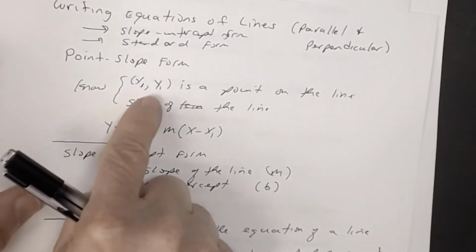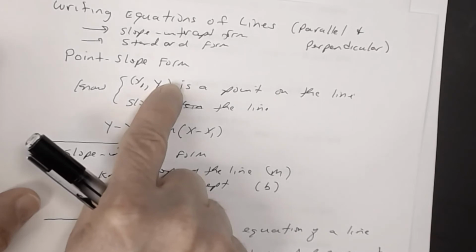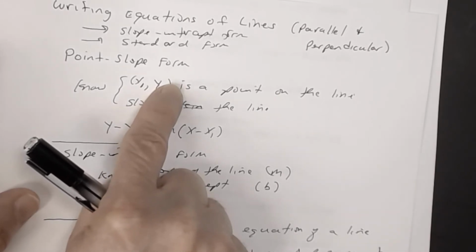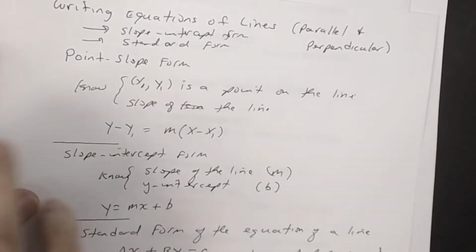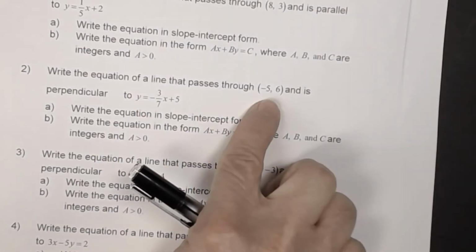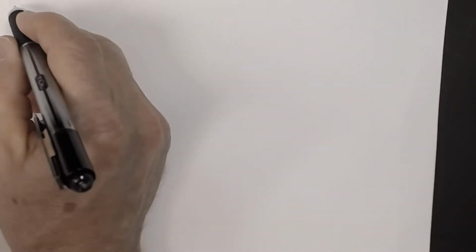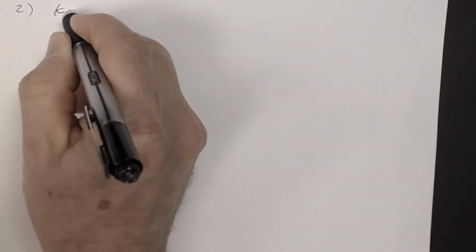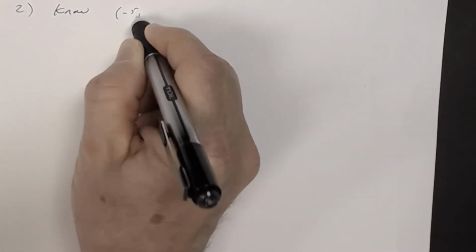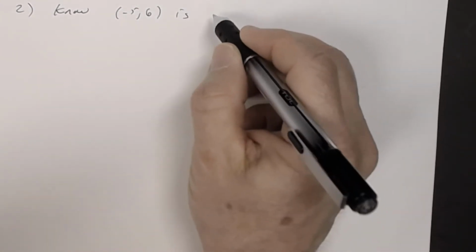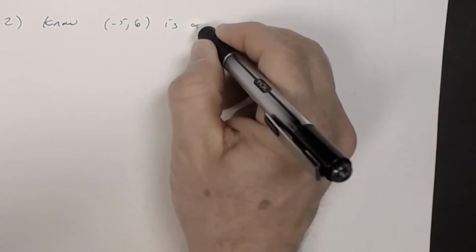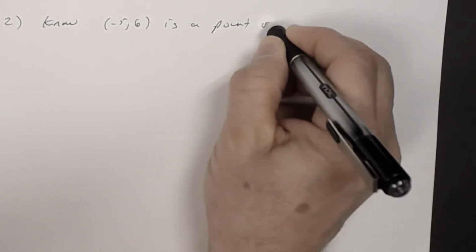And in order to use point-slope form, you have to know a point on that line, and you have to know the slope of that line. Well, right away, I know a point on that line, -5, 6. I know that -5, 6 is a point on the line I'm interested in.